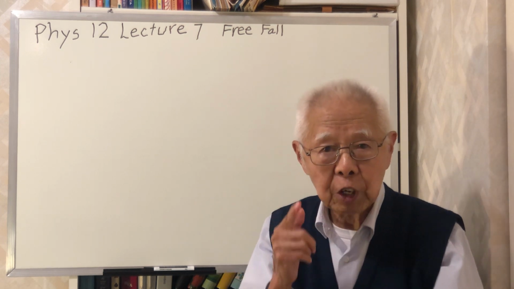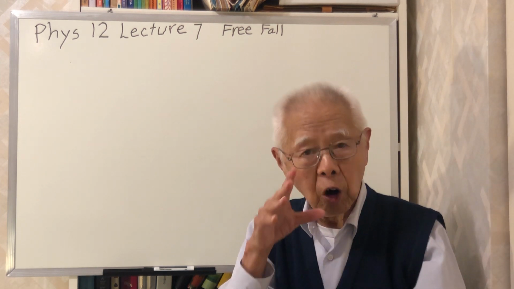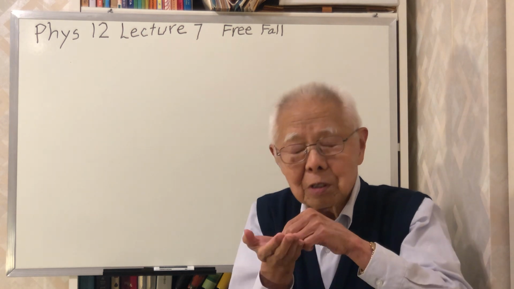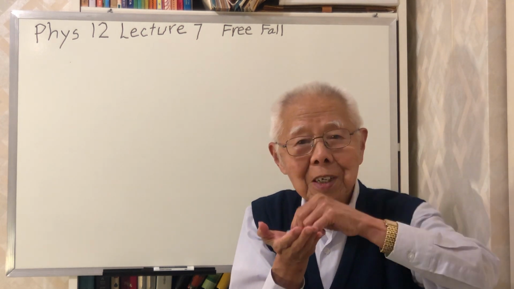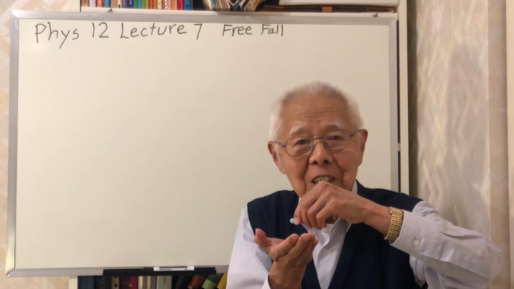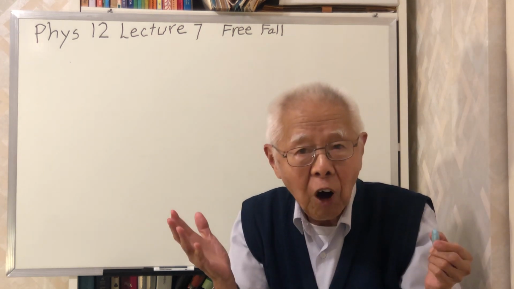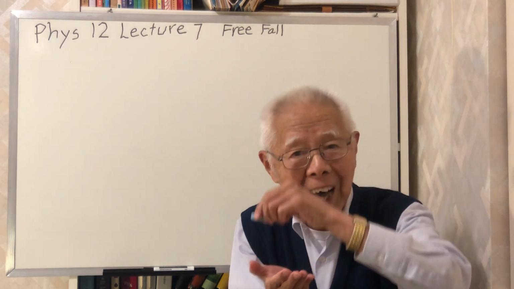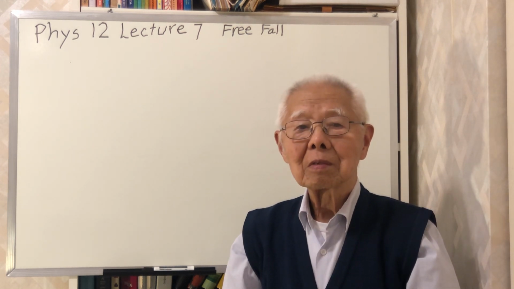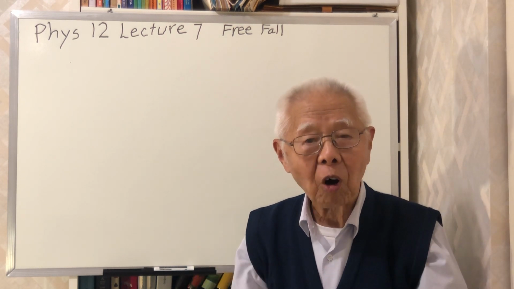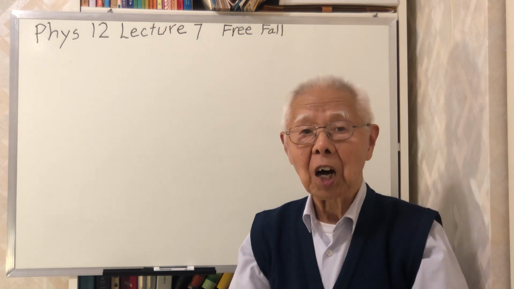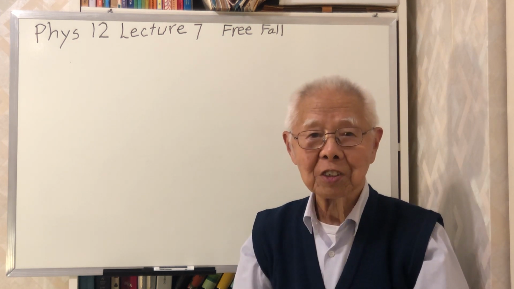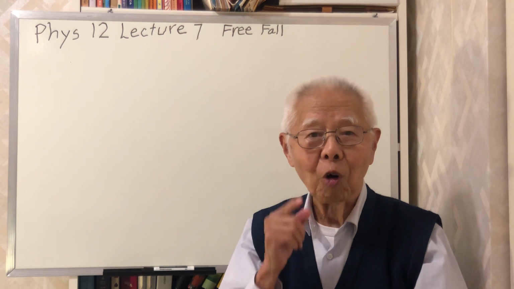Don't be confused with the word fall, because this motion, at the beginning, goes up. It's not a fall. It goes up, and then it falls down. The whole motion is still called a free fall, because the only force on it is its own weight.